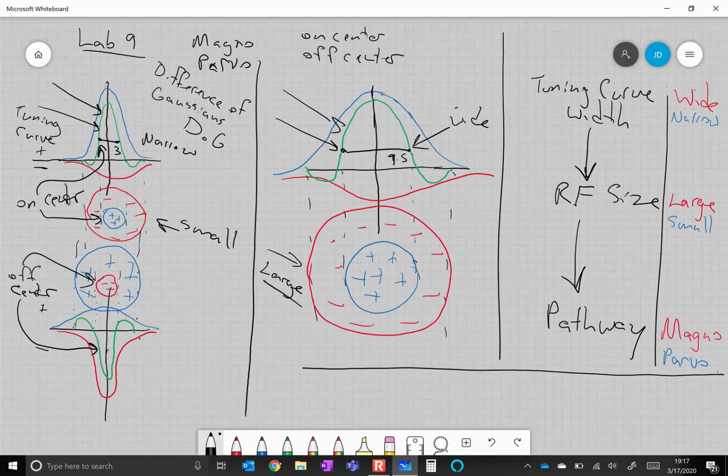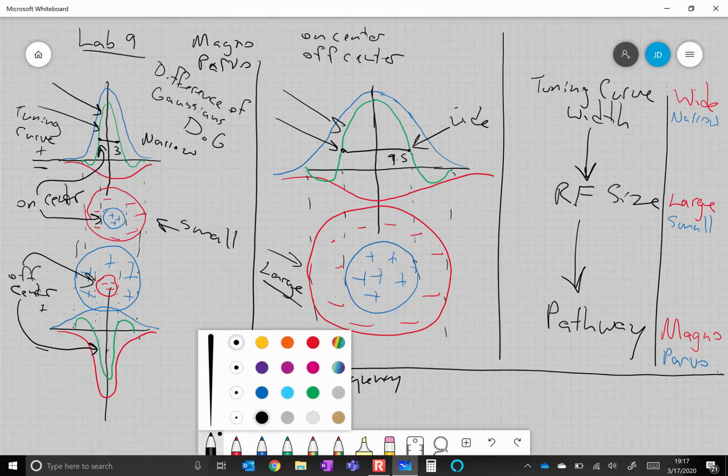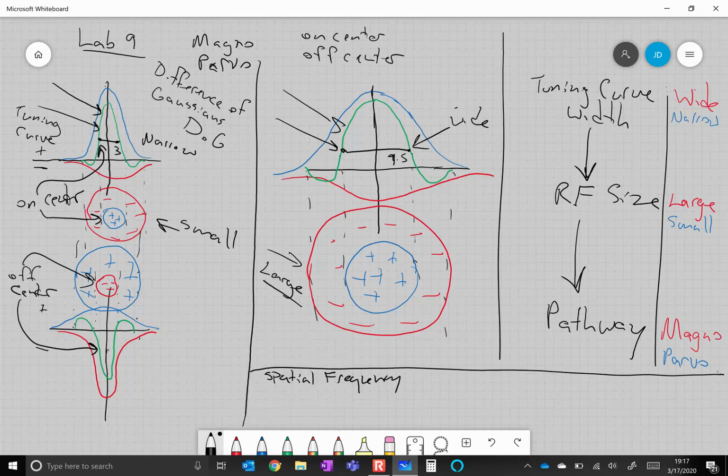Now our next question becomes, how does this relate to spatial frequency? Let's think about different spatial frequencies. I'm going to draw something with a relatively high spatial frequency. And remember, we measure spatial frequency in cycles per degree. So we'll assume that this amount of space I've drawn here is 1 degree.